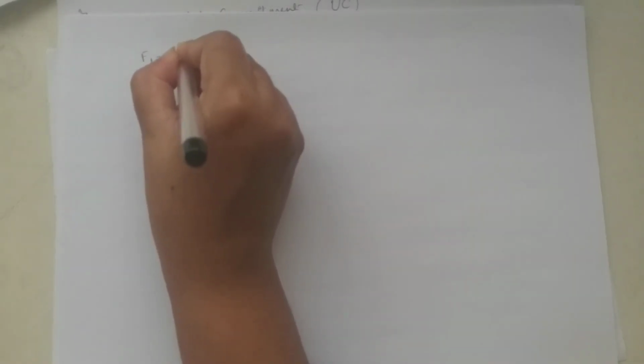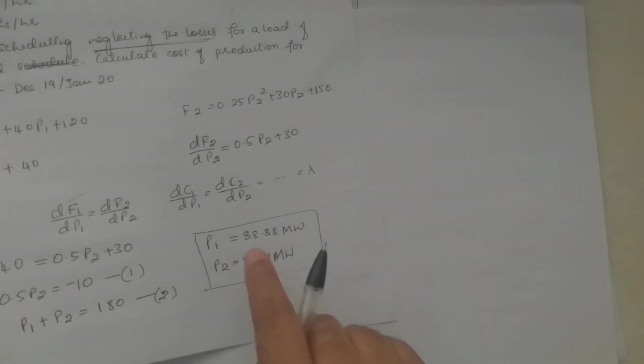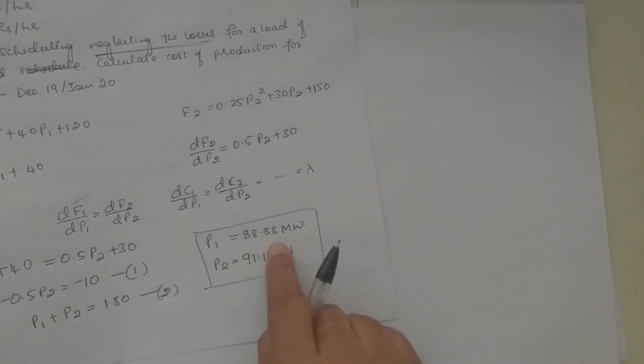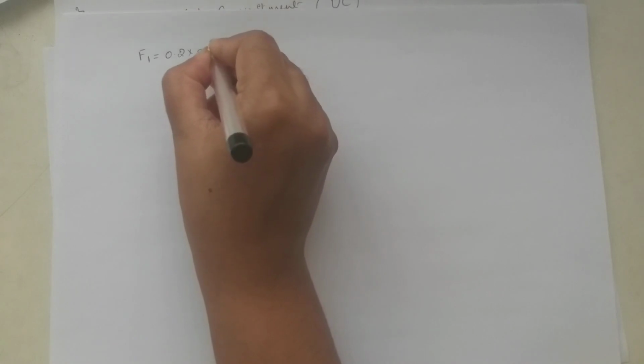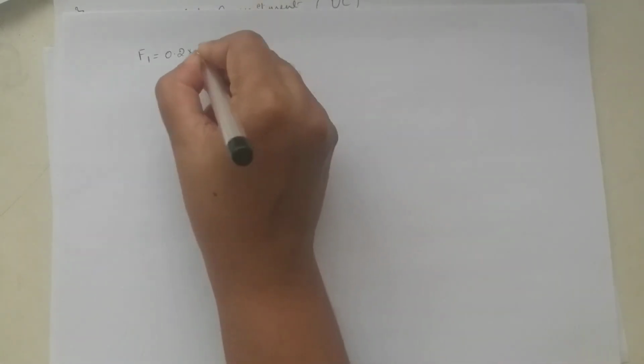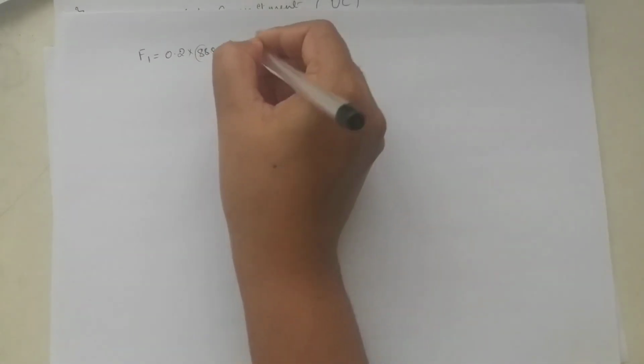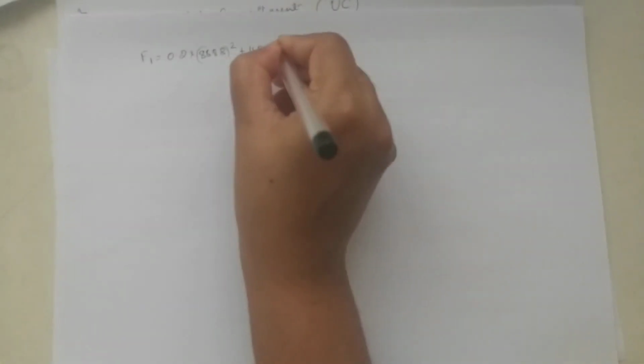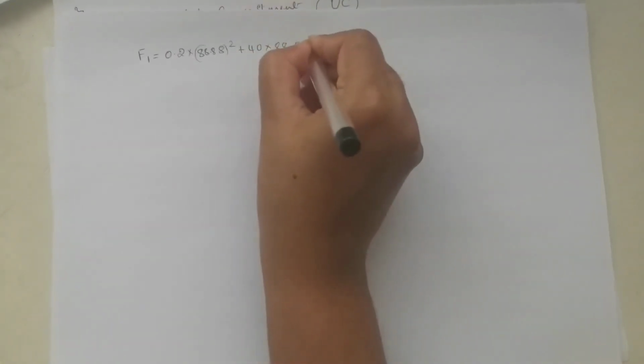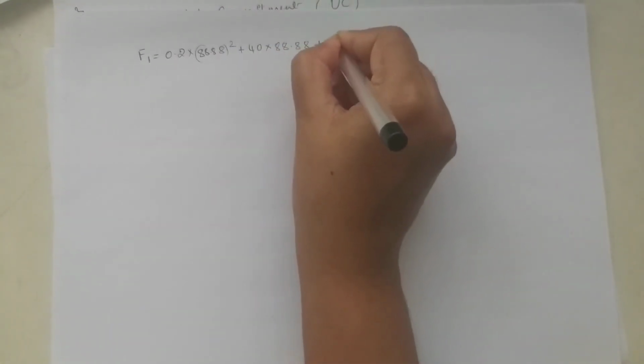Now we need to calculate the production cost. Production cost can be calculated like this. F1 is equal to, we know, 0.2 P1 square plus 40 P1 plus 120. P1 we got is 88.88, so just substitute: 0.2 into 88.88 square plus 40 into 88.88 plus 120.